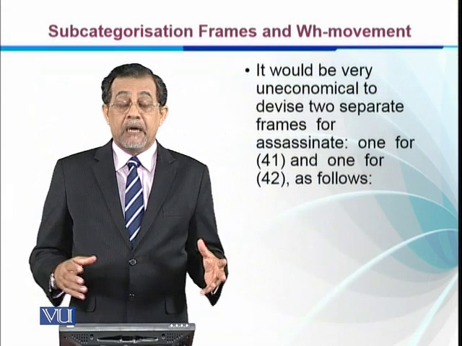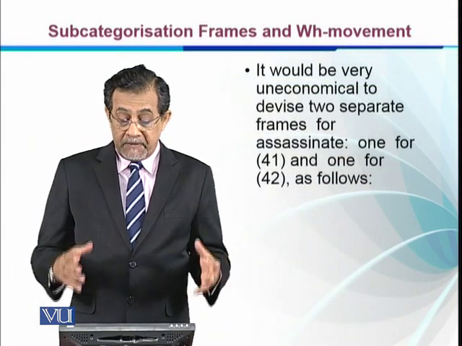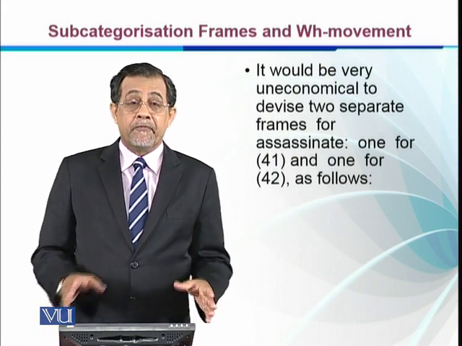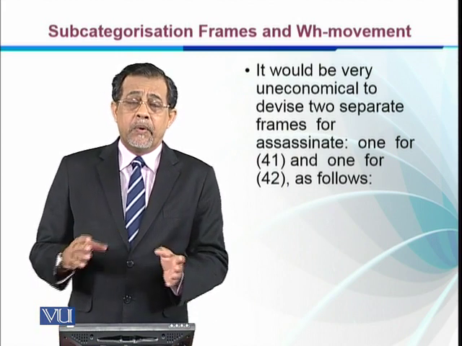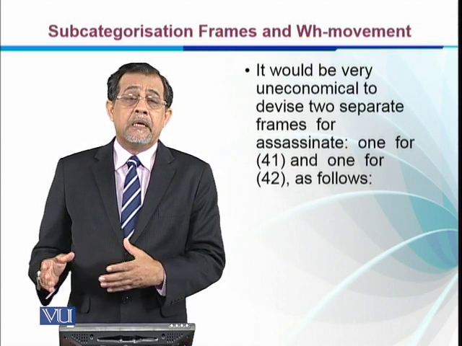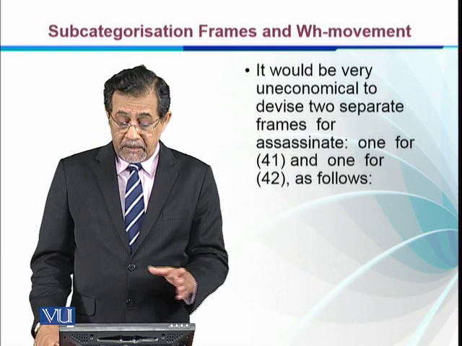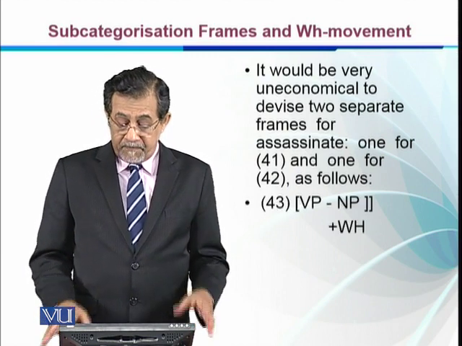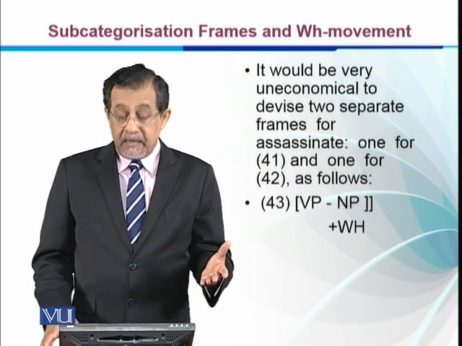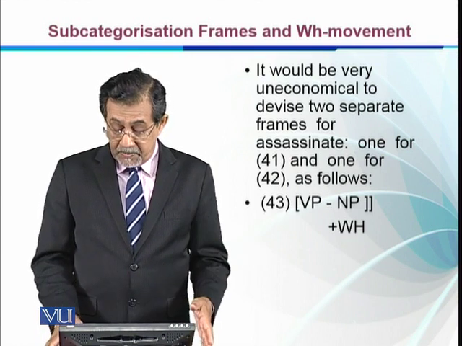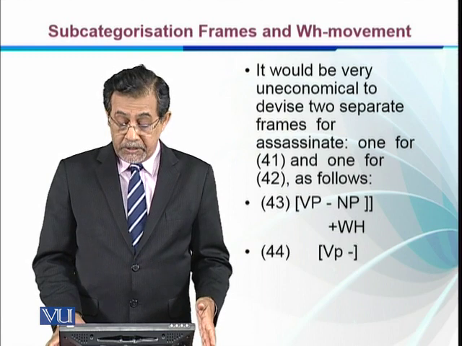So it would be very uneconomical to devise two separate frames for assassinate, as in 41 and 42, to put who in the initial position and ambassador in the last position after the verb, right? So like NP and VP and NP plus WH word.